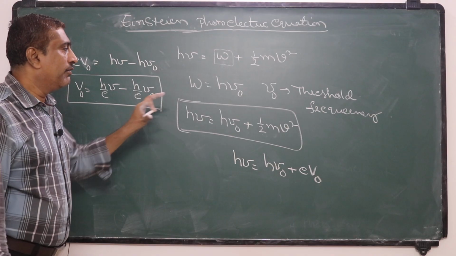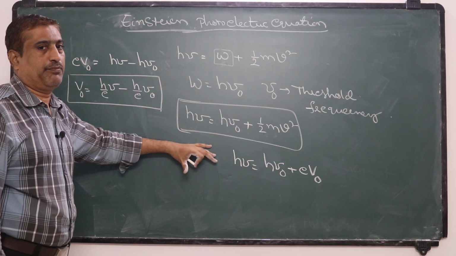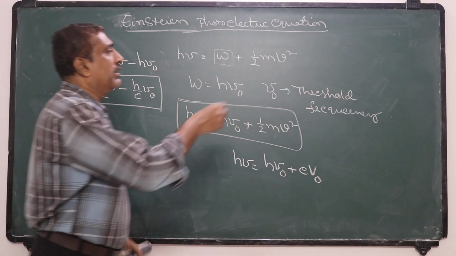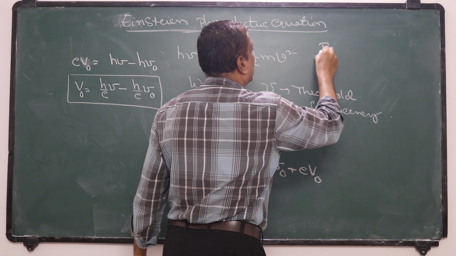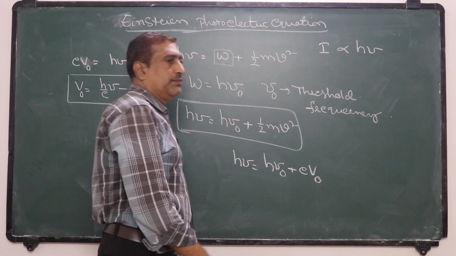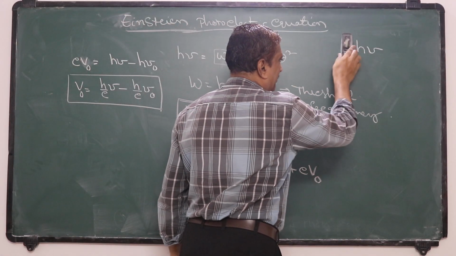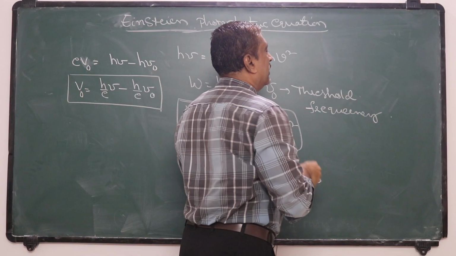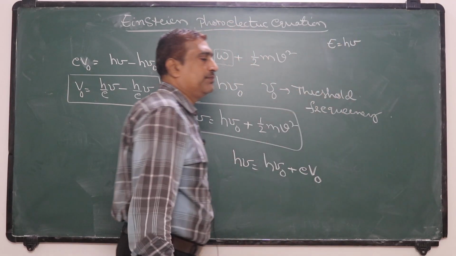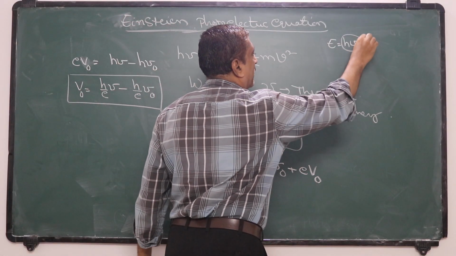Now from this equation we can explain the laws of the photoelectric effect. According to quantum theory, energy is equal to hν, that means the energy of one particle.